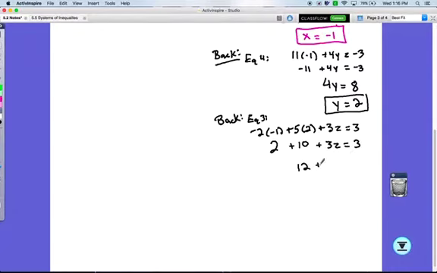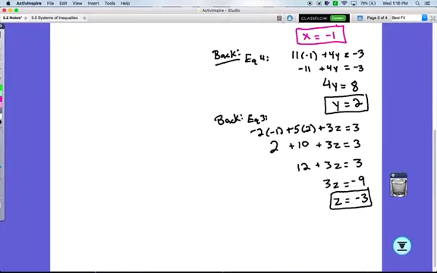So 12 plus 3z. I combine like terms, subtract the 12 over, this gives me 3z is equal to negative 9. Divide by 3, z is equal to negative 3.